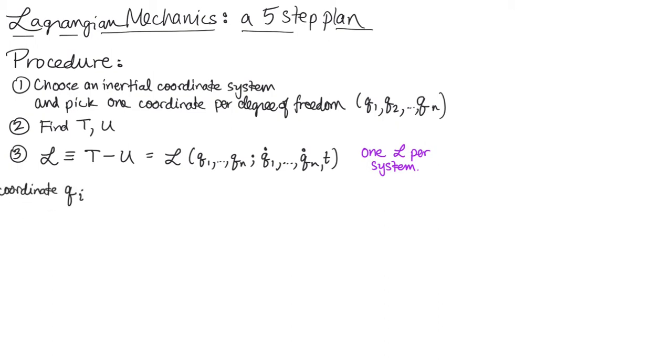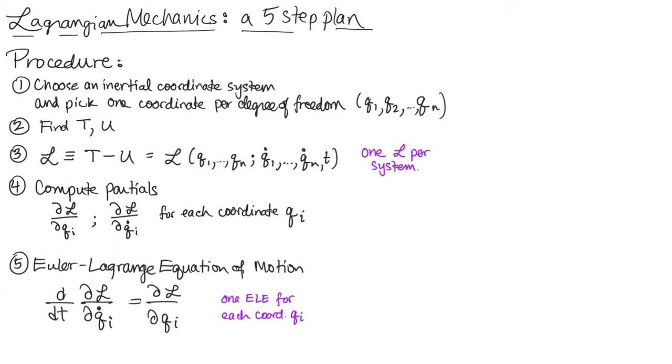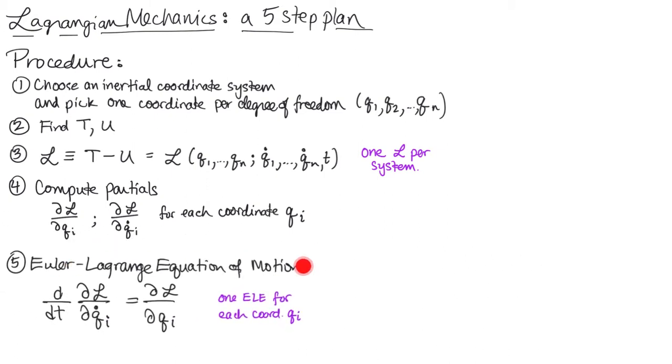Step 4, once you have the Lagrangian, is to compute the partial derivatives. In particular, you're going to compute the partial with respect to each coordinate and the partial with respect to each generalized velocity. So you'll have 2 partials for each coordinate qi. The final step is to stitch those partials together into the Euler-Lagrange equations of motion. There you're going to have to take one additional time derivative of a partial, and then you equate it to the other partial.